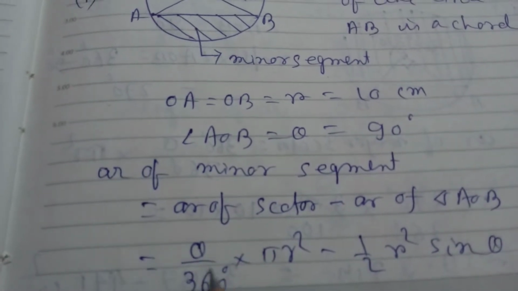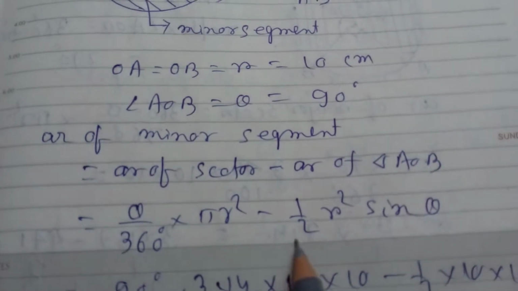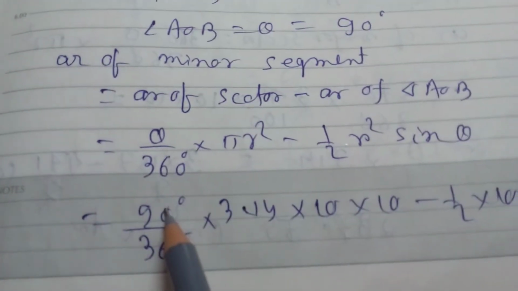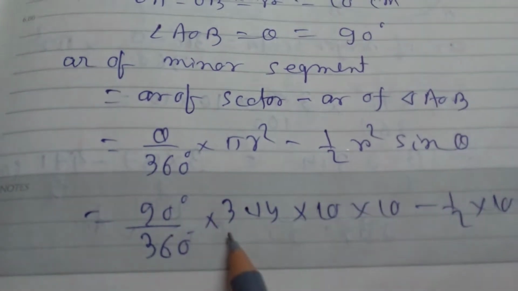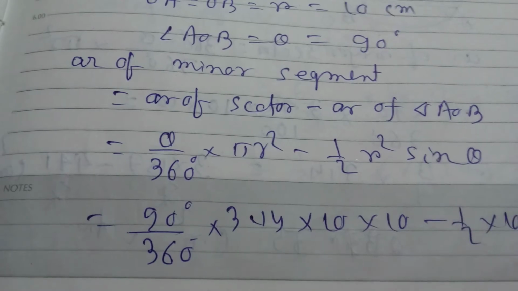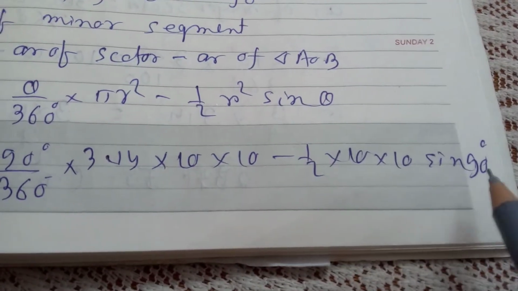That is theta by 360 into pi r square, and area of the triangle is half r square sin theta. So theta is 90 degree given, so 90 by 360 and pi is given 3.14 into 10 into 10 minus half into 10 into 10 into sin 90 degree.